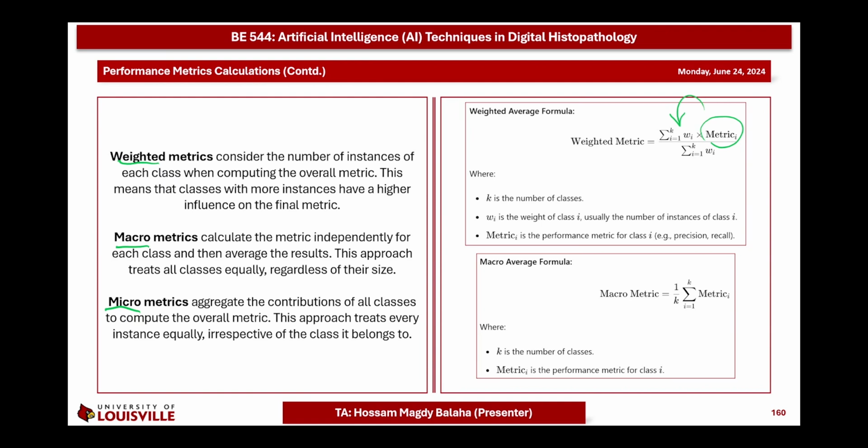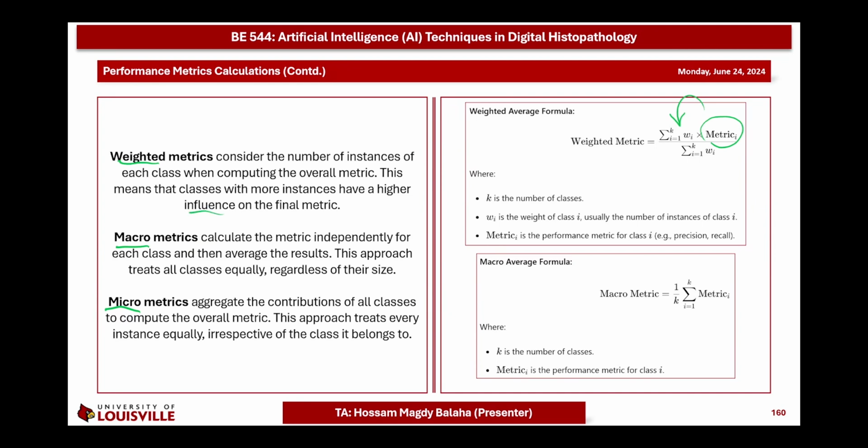This weight is calculated simply by dividing the number of instances for that class on the number of the instances in the dataset.